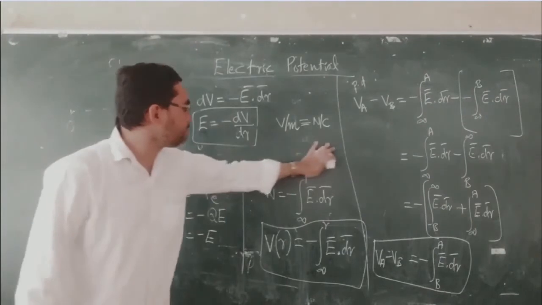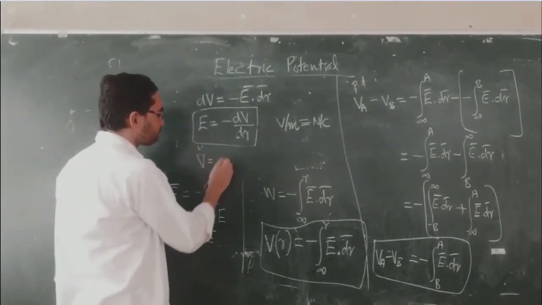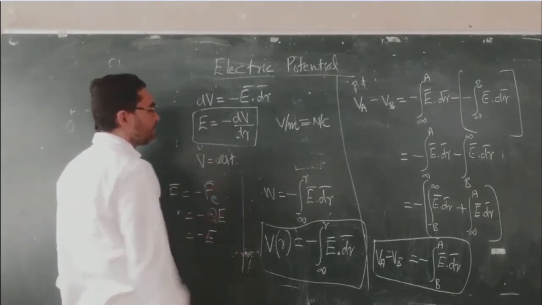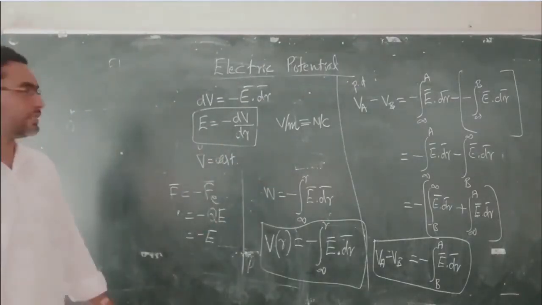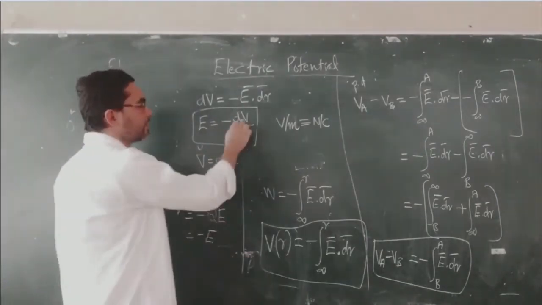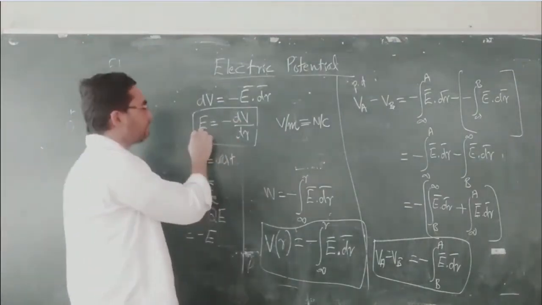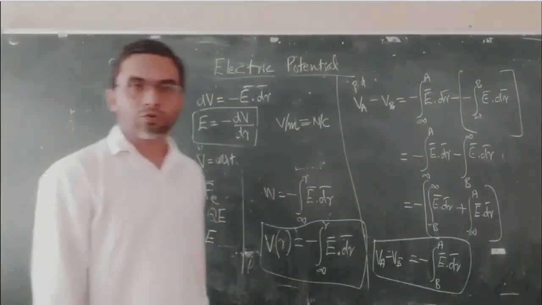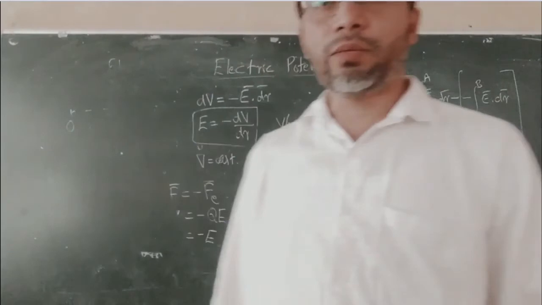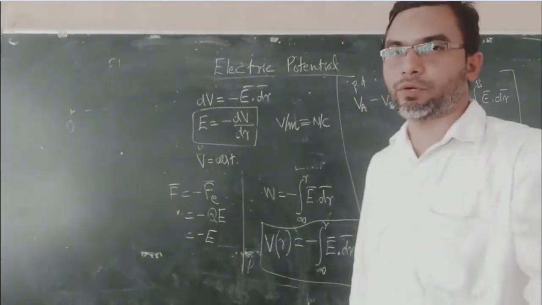And another important point is, if potential is a constant throughout a region, then dV by dr will be 0, because V is constant, so dV by dr is equal to 0, or E will be equal to 0. So electric field will be there only if there is a potential difference between different points.